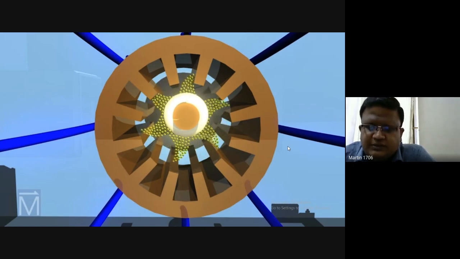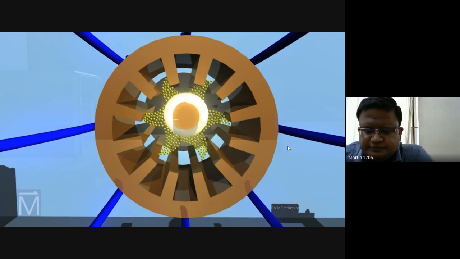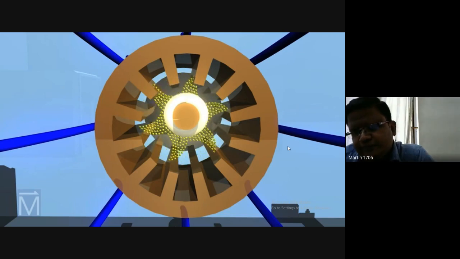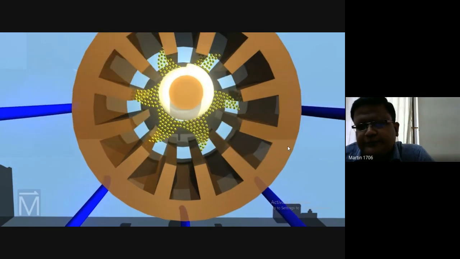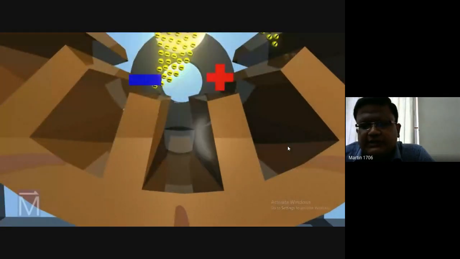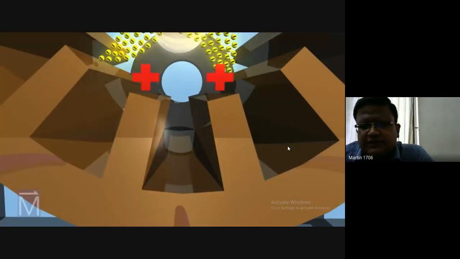So most of the mechanism will be like this. It is nothing but the circulation of the field.